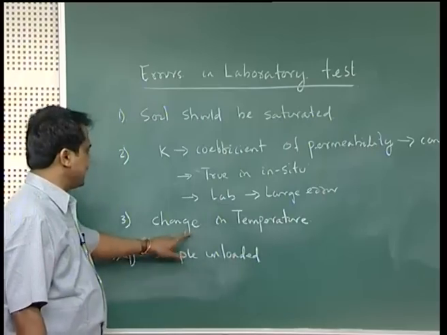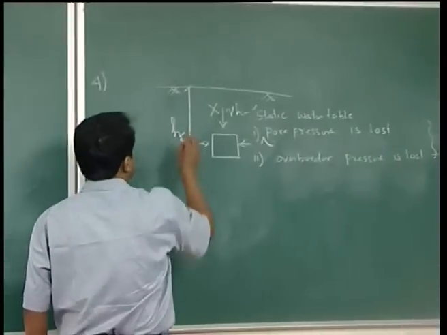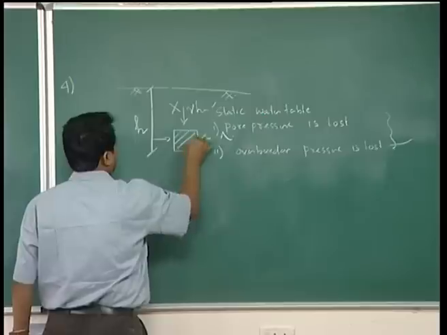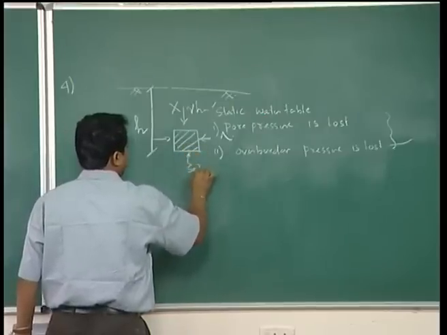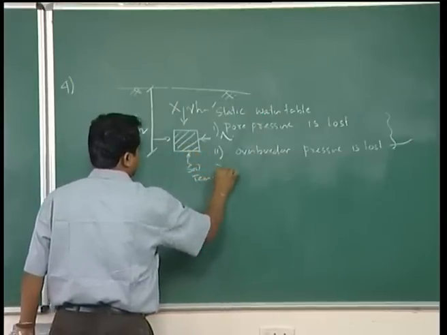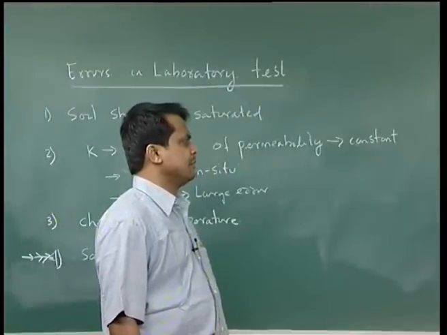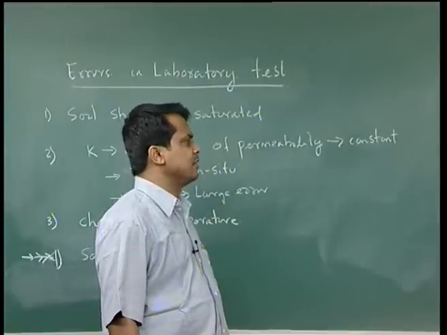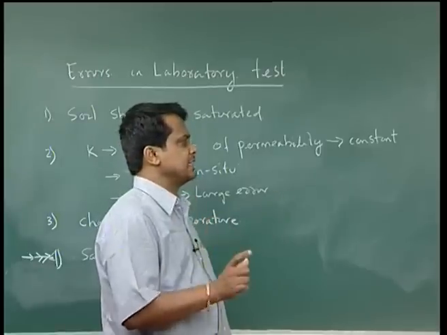Another major part is temperature. At distance h in the ground, what is the soil temperature? Say 40 degrees or 30 degrees. The moment you take the soil out and bring it to the lab, immediately there is temperature variation.